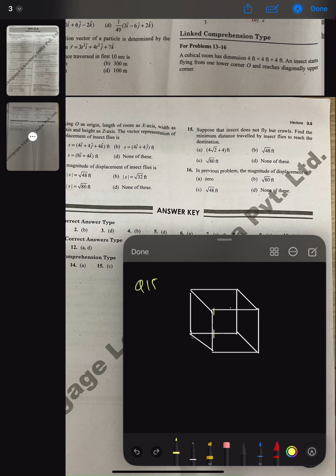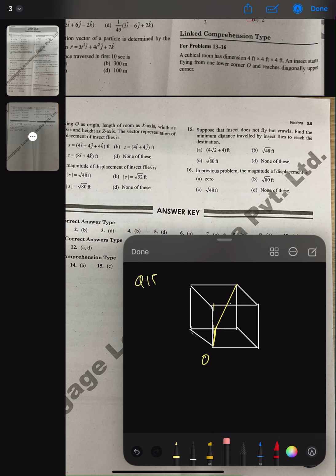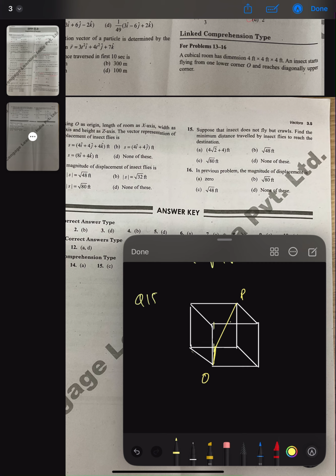So the minimum distance: the insect will crawl from here to the middle point of this path, and from there it will crawl onward. The insect will crawl from O to P via this path.